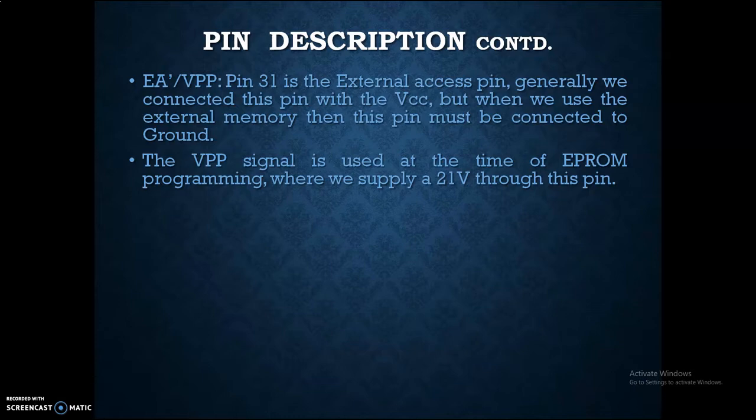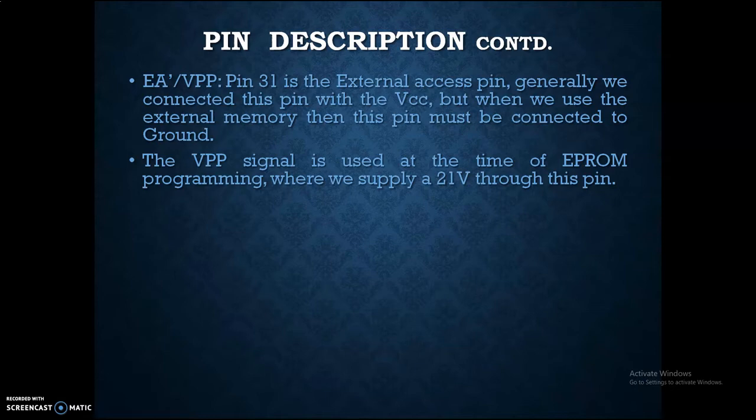So we should connect an external RAM, which contains some programs. So EA means external access. If this EA bar slash VPP, pin number 31, is grounded, then EA bar will be active low, so that if the program length exceeds 4 kilobytes, external memory should be connected.